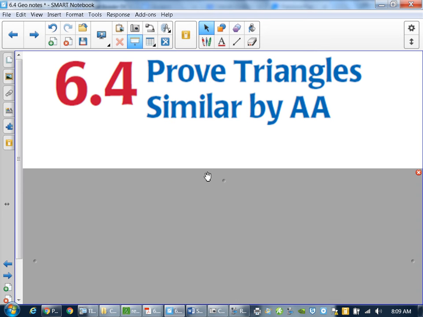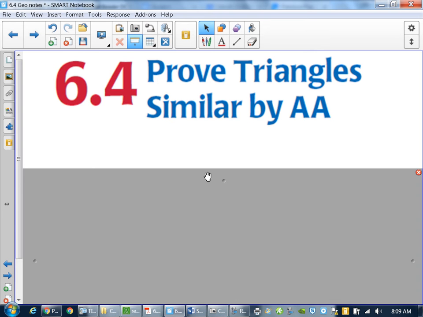Just like when we talked about all the different types of congruency with triangles, remember the very first thing we talked about was that if things were going to be congruent, then all corresponding parts had to be congruent, which means you had to have 3 angles and 3 sides. After working with that for a little while, we started to whittle away at the idea that you didn't have to show everything.